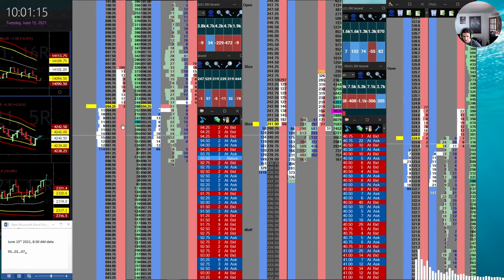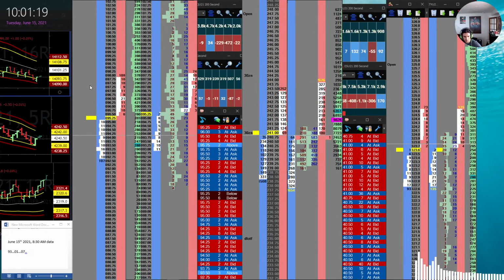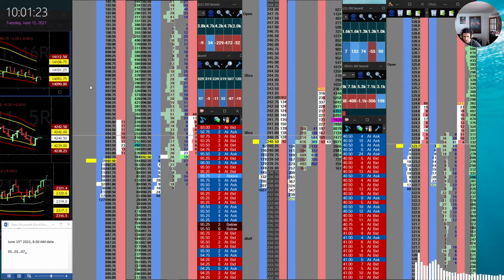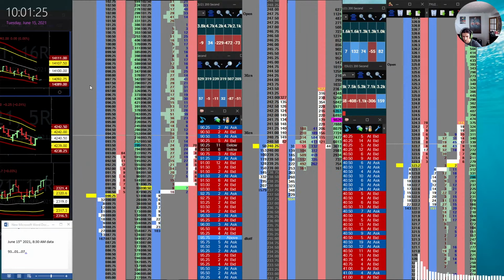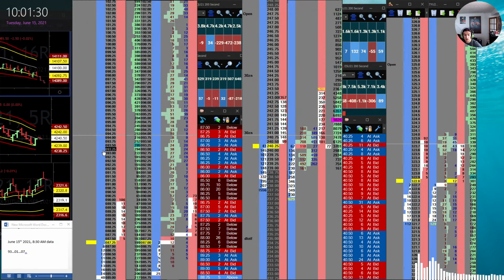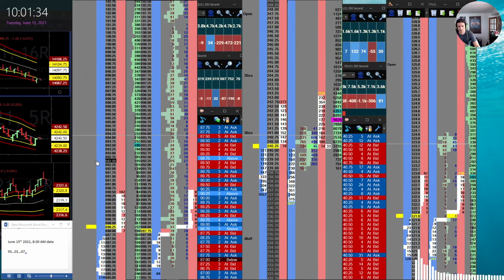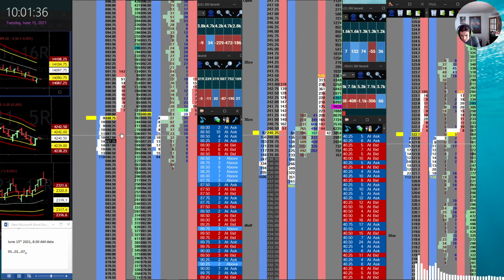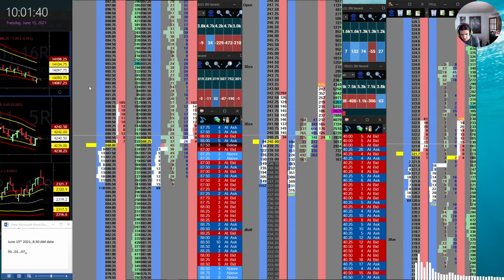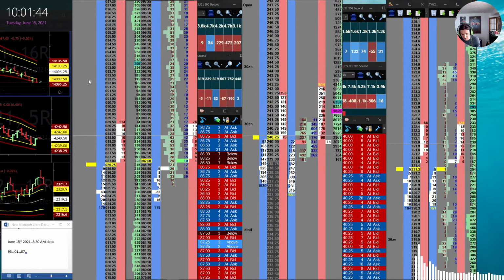Now watch this, minus 70 here right onto this bid, and we bounce right off of it. I'd like to see a decent flush. 85, 86.